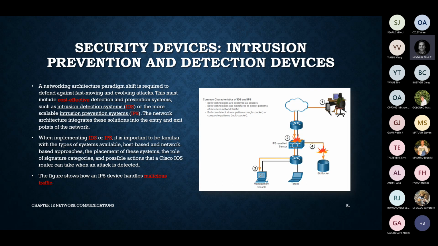Okay, move on. There is also one thing here: once you have detected the attack traffic, the next step is to send it to the Bitbucket. Bitbucket is like a bin, a garbage area, whereby you just discard the attack traffic.